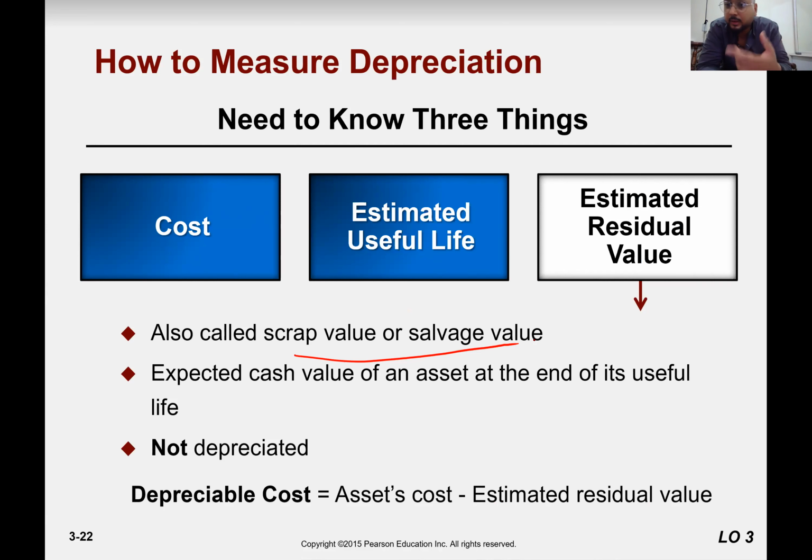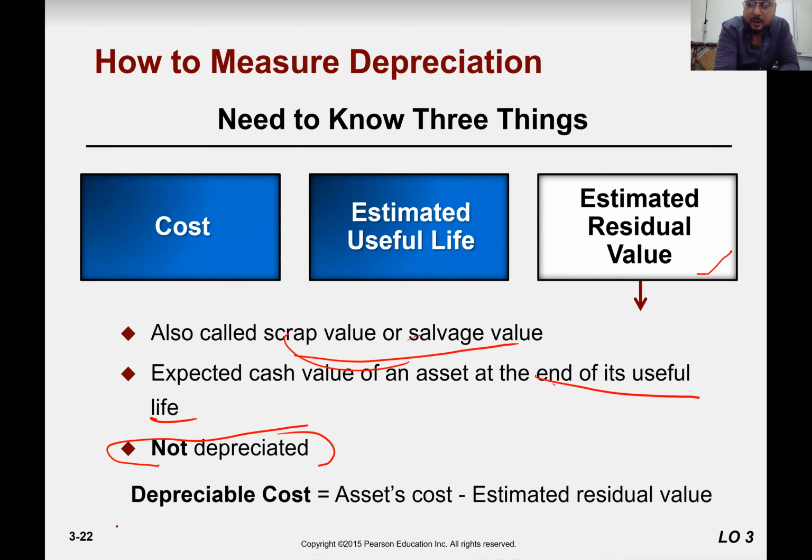This 500,000 is your salvage value or scrap value. The other definition, the more finance one, is the expected cash value of an asset at the end of its useful life. And that is not going to be depreciated because that amount you are recovering.